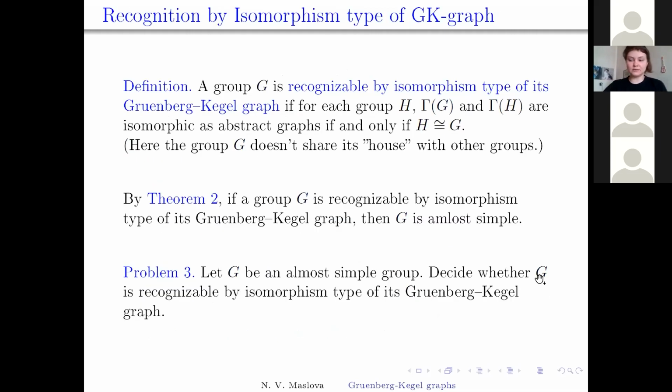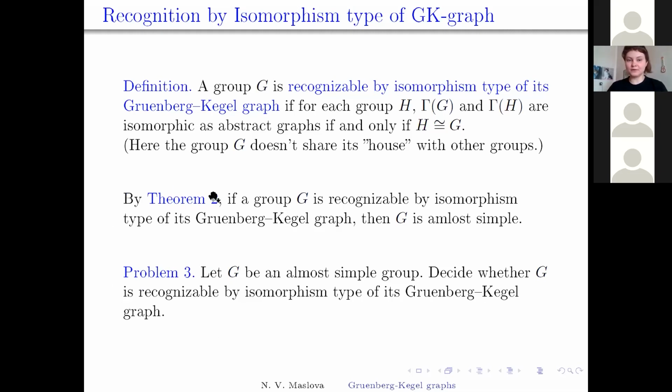And in the final part of my talk, let us consider the question of recognition of a finite group by the isomorphism type of its Gruenberg-Kegel graph. A group G is recognizable by the isomorphism type of its Gruenberg-Kegel graph if each group H such that the Gruenberg-Kegel graphs of G and H are isomorphic as abstract graphs is forced to be isomorphic to G. So the group G doesn't share its house with other groups.